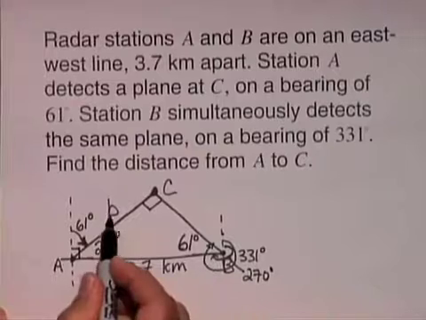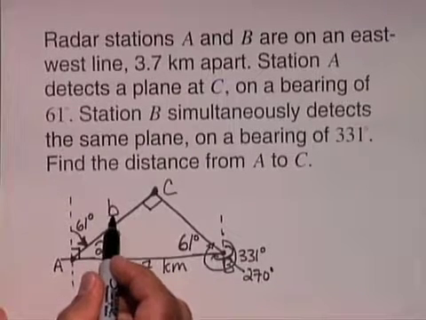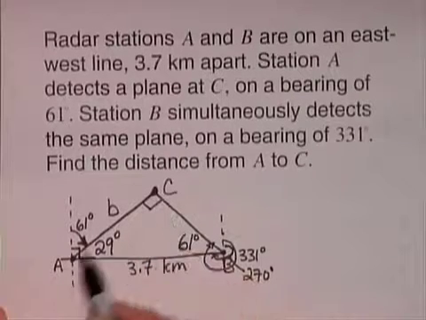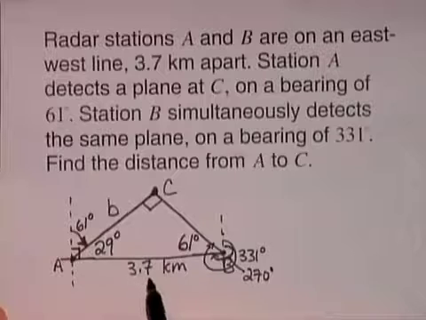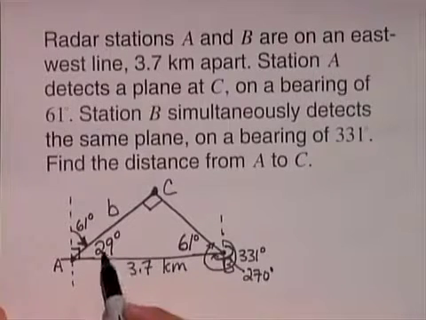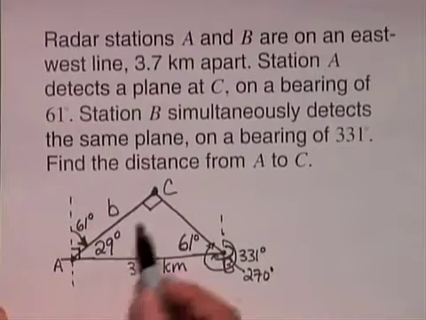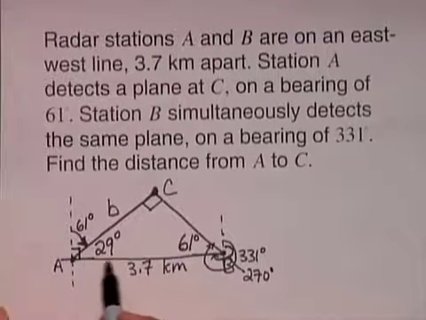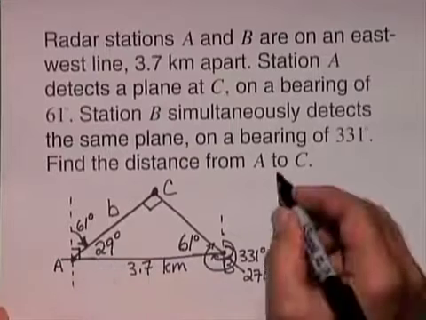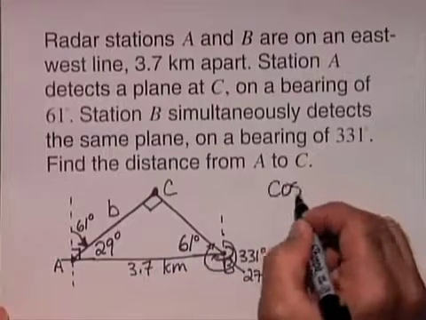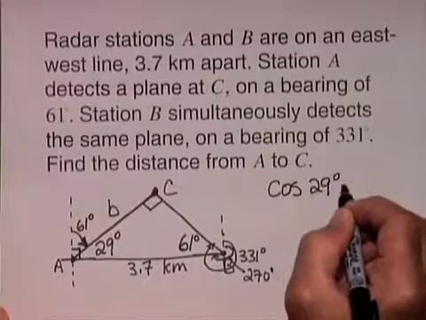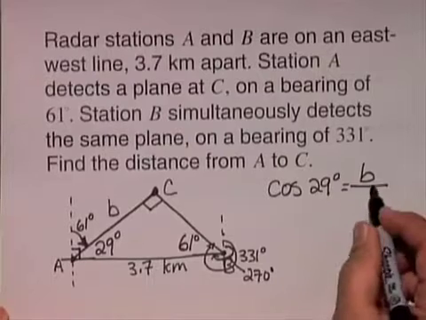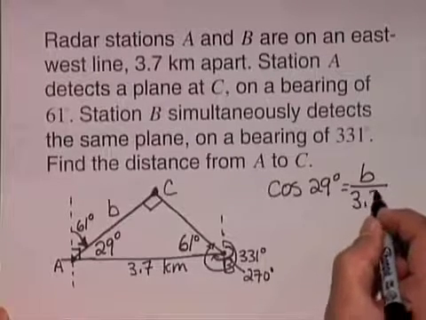Next, what we're interested in is this side B. We can find side B because in this right triangle we have the hypotenuse is 3.7 kilometers. We have this angle is 29, and that would be the side adjacent to angle 29 degrees. And so we say that the cosine of 29 degrees is equal to the side adjacent, B, divided by the hypotenuse, which is 3.7.